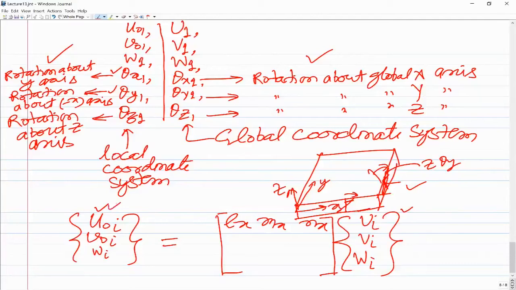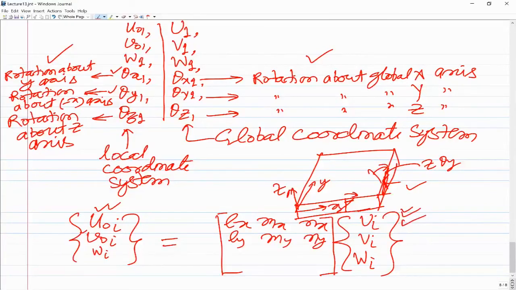Similarly, if you take the projection of this vector capital ui, capital vi, capital wi along the ey cap vector, you get this small v naught i. So that would be ly, my and ny. And then similarly, if you project this vector along ez cap, you get the small wi.